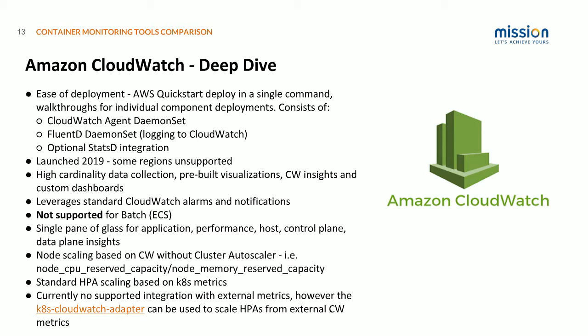There is the AWS Labs developed K8s CloudWatch adapter. So with some advanced tweaking, we are able to scale pods horizontally based on external metrics from CloudWatch, but out of the box, it is not supported.